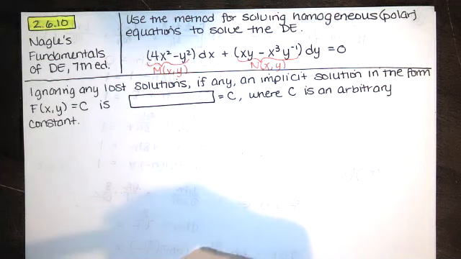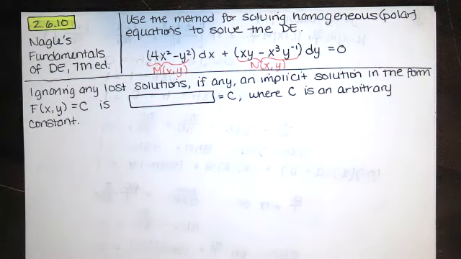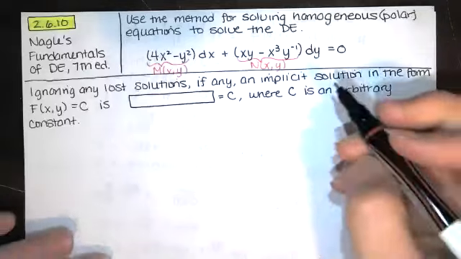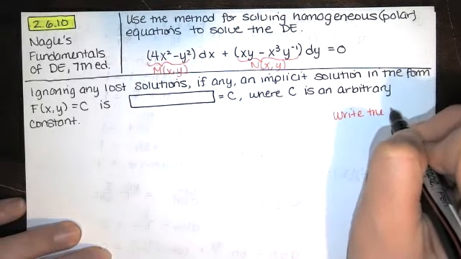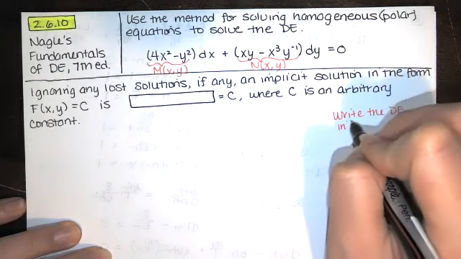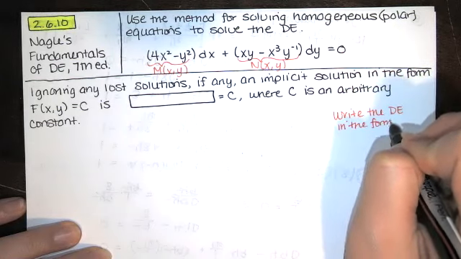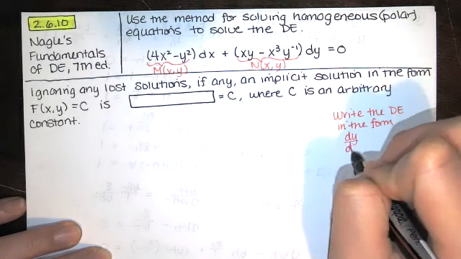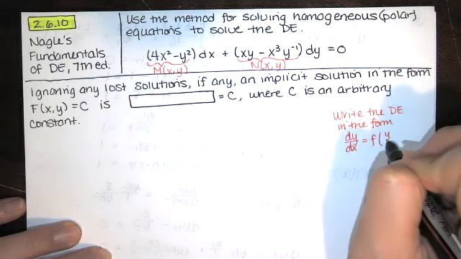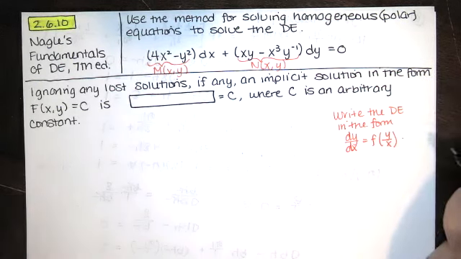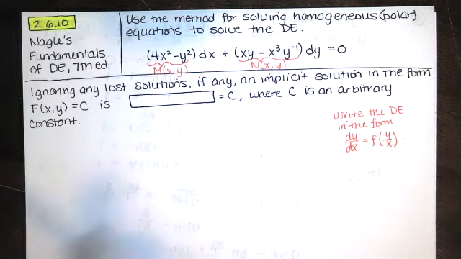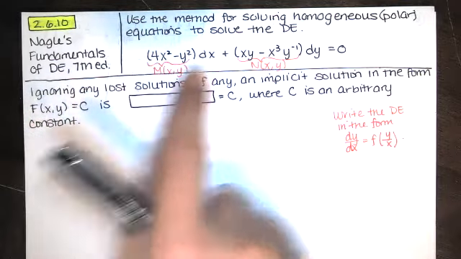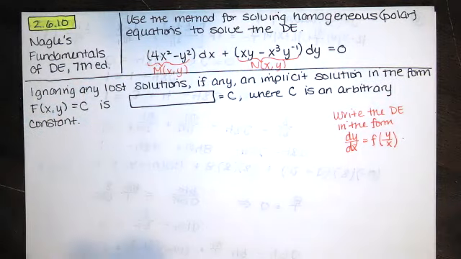Okay, so now that we know that we're supposed to use that method, we can start by writing the differential equation in the form dy/dx equals some function of y over x or x over y. Either one would be fine. So we want to get dy/dx by itself. The first thing I would do is subtract that term from both sides.